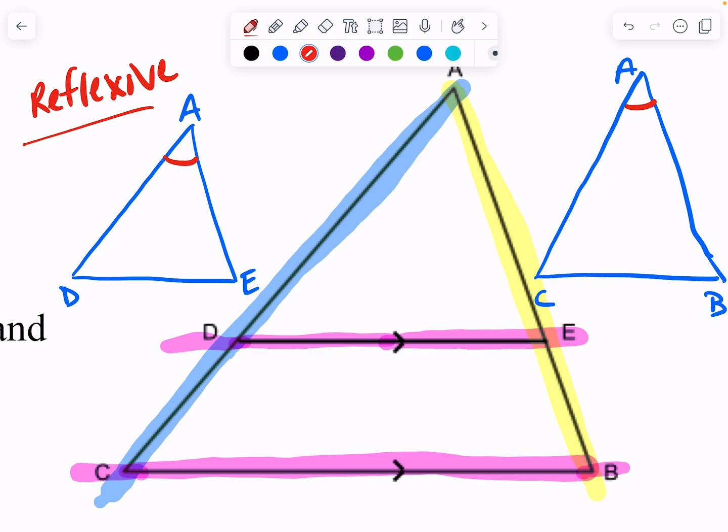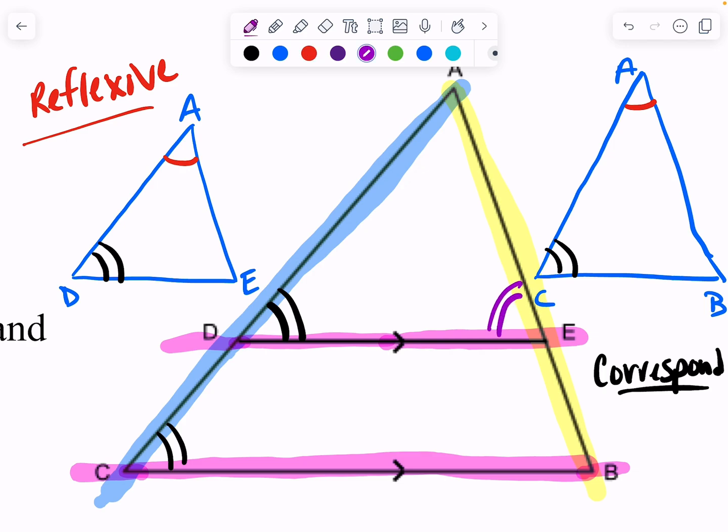So what you can notice, though, is that we have a blue to pink angle here, and we have a blue to pink angle here. So we're arguing then that this angle D and this angle C are congruent, and that is by, just to review vocabulary, corresponding angles, okay? And then we have the same thing with the yellow and pink.